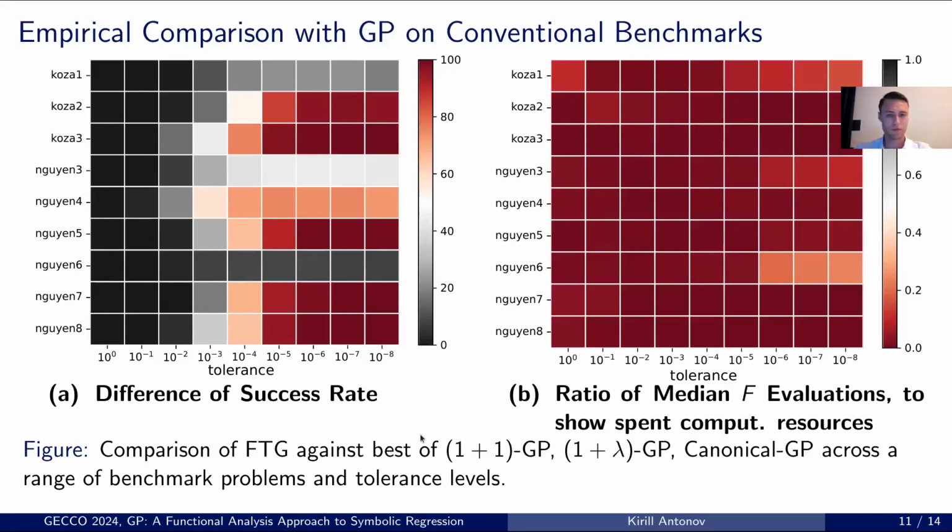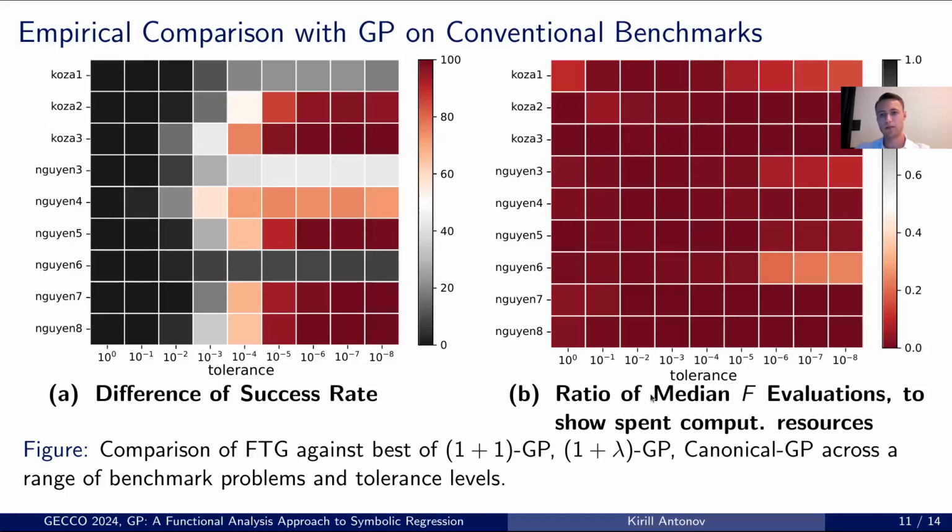The first part of this slide shows the difference in success rate. In all the experiments, FTG reached perfect success rate. However, the best of the other algorithms not always reached it. For instance, when the corresponding square is red, it means that FTG has much better success rate than the best of these three conventional GP.